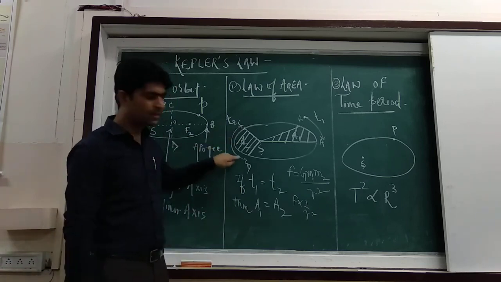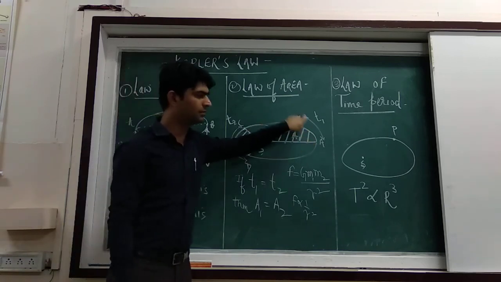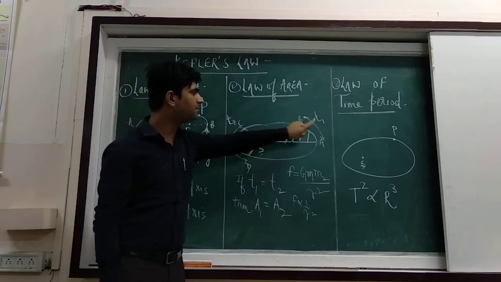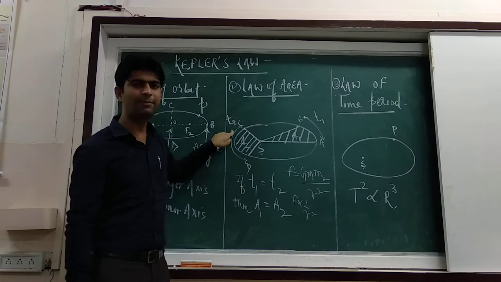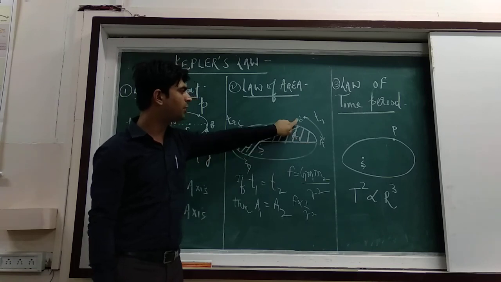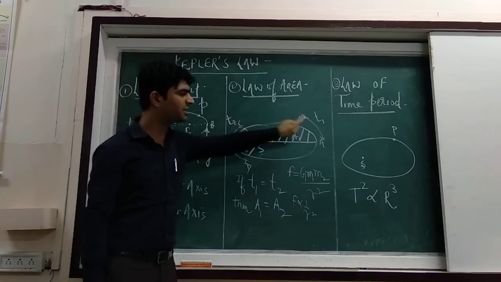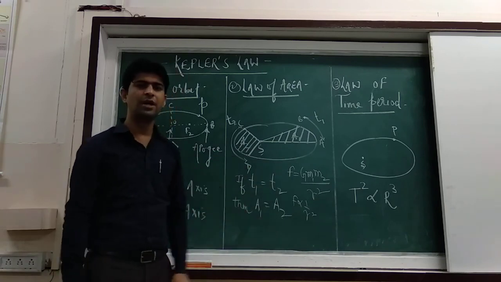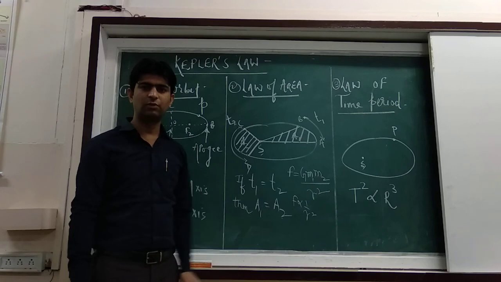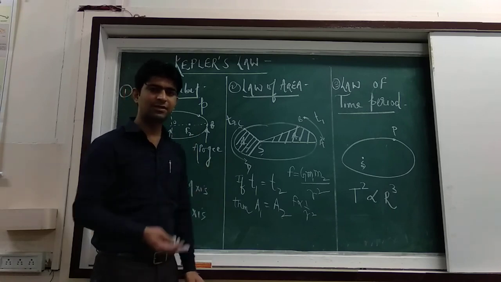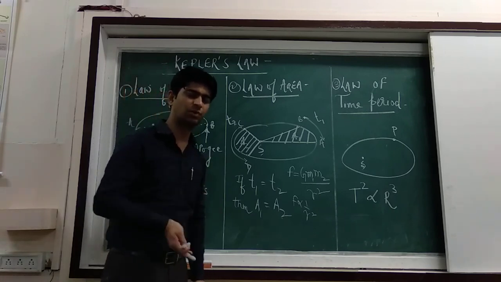So here it is covering a greater arc as compared to this arc, and that is why, due to the change in distance, the time duration, not time period, will be the same for reaching from point A to point B or from point C to D. If this duration is the same, the area swept by the line joining the sun and planet will also be the same, that is A1 is equal to A2, provided T1 must be equal to T2. And the reason I have indicated here: the more the distance, the lesser the force of gravitation, and the lesser the speed.